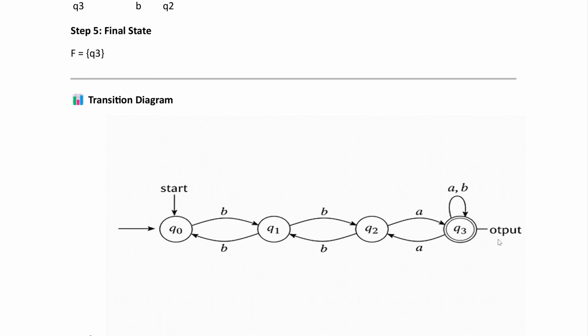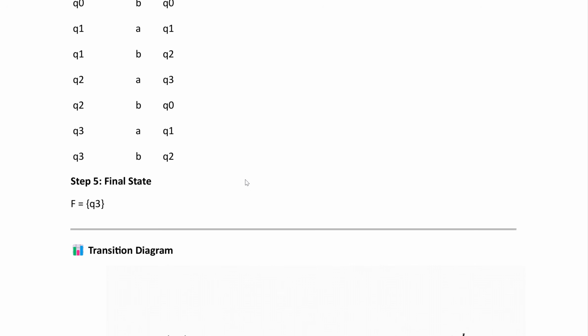Sorry, this is misinterpreted. It is usually the output. OTPUT is not the correct word, it will be OUTPUT, so we get the desired output. As you can see, when we apply symbol B on Q0, we get Q1.